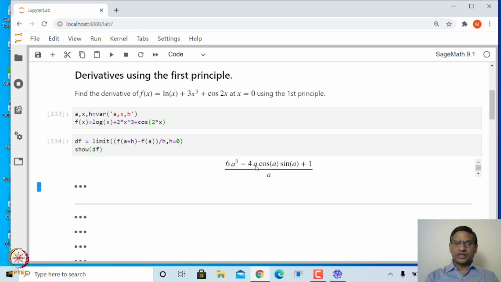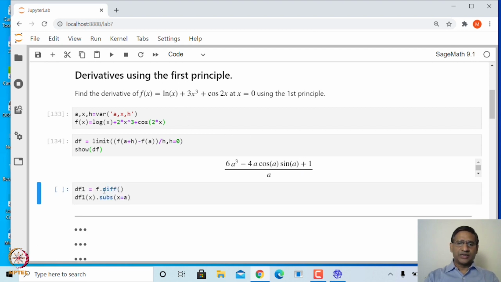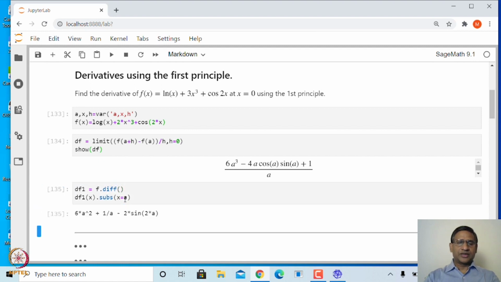So, this will be 6a square minus a sin 2a plus 1 by a, and that is the derivative at x equal to a. Let us verify that using the inbuilt function diff. If I say f.diff and substitute the value of x equal to a, you will see that this is the derivative, which is the same as the limit of this difference quotient.